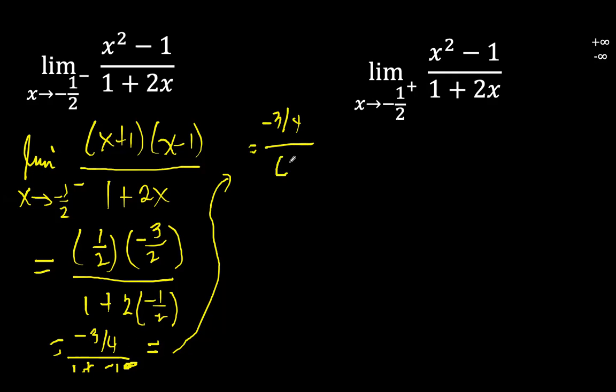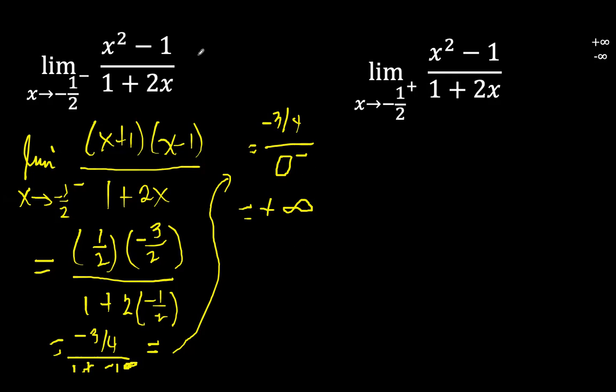So they're close to 0 with negative signs. So here, 3/4 divided by 0, that's infinity, that's undefined. And negative divided by negative is positive. That's why our answer here is positive infinity.